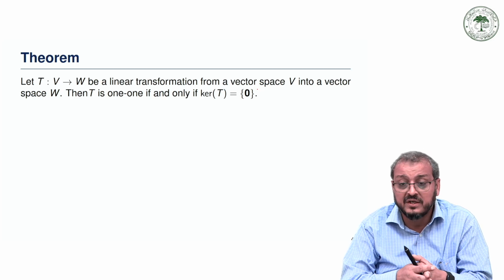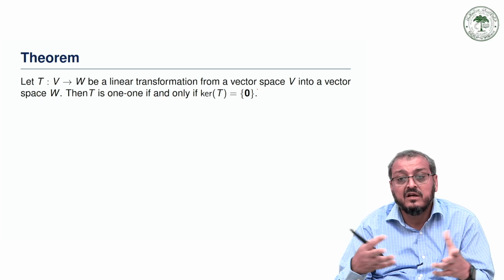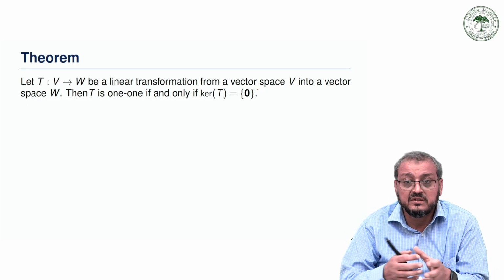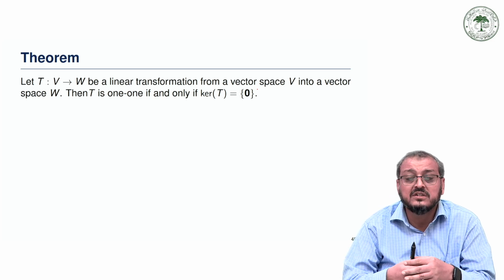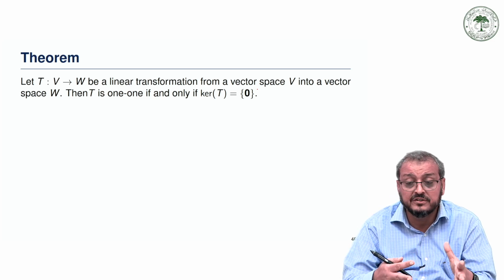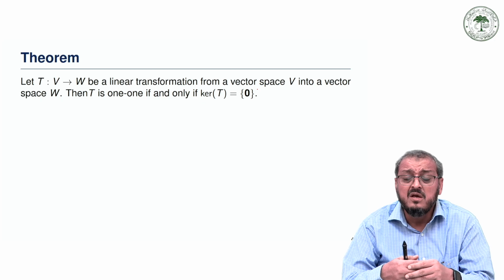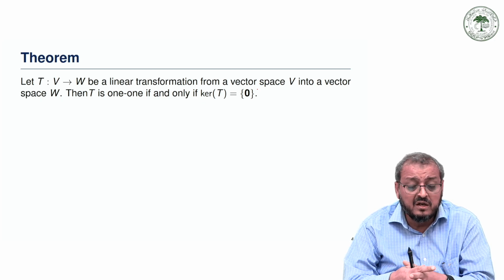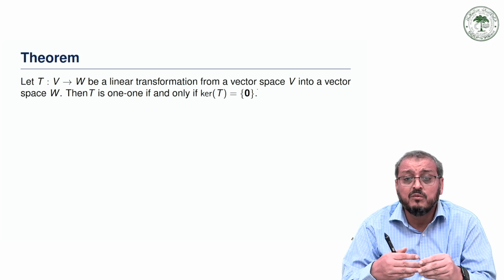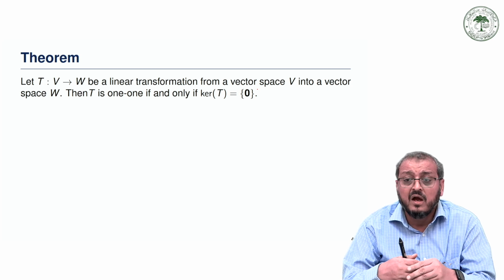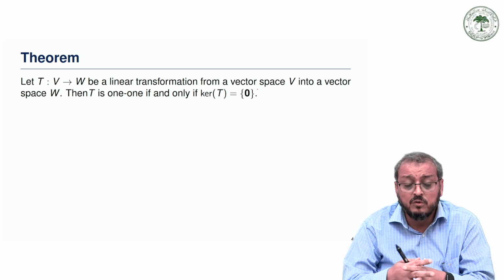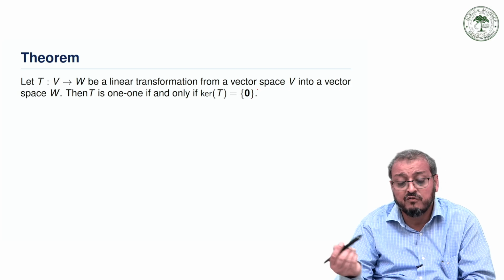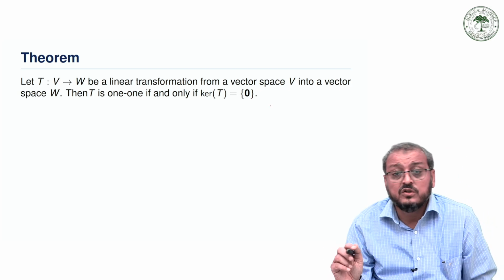Okay, now we have to prove a very interesting result which helps us show that one-to-one is simpler. We just check if the nullity of the kernel is 0, or we can say the kernel of this linear transformation is the 0 subspace, then T is always one-to-one. So we start with T from V to W, a linear transformation between vector spaces V and W, and T is one-to-one if and only if the kernel of T is equal to the 0 subspace.